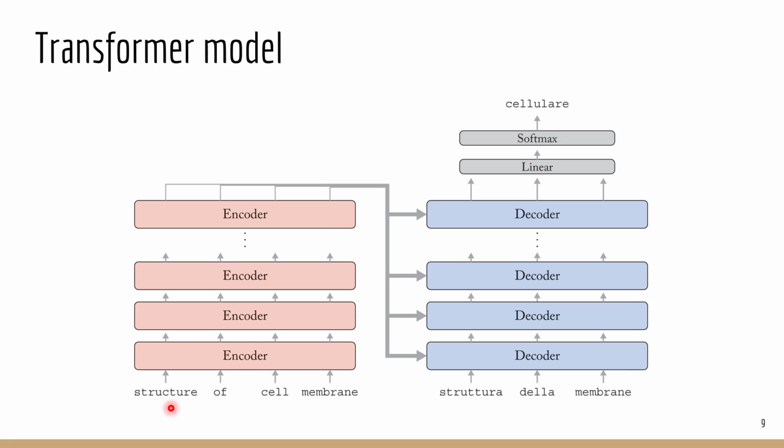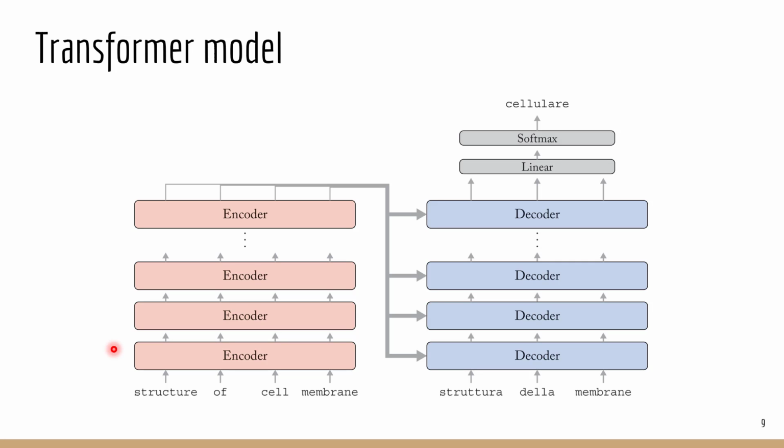For example, here a translation from English to Italian, and the model was supposed to predict the next word. The model is basically a feed-forward model that takes all the words at the input at the same time. We will see later how the order is preserved given that there is no sequential structure to this network.